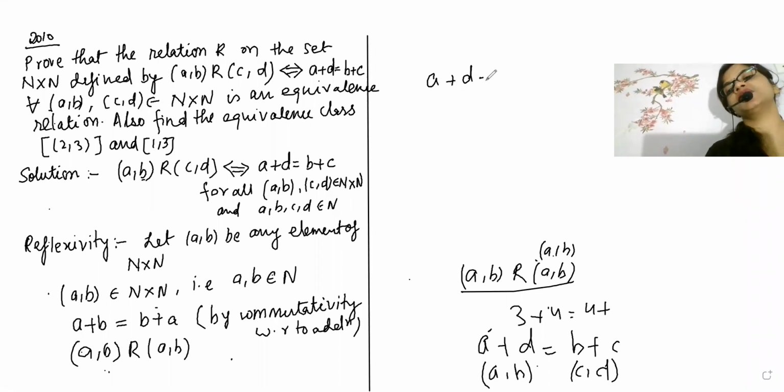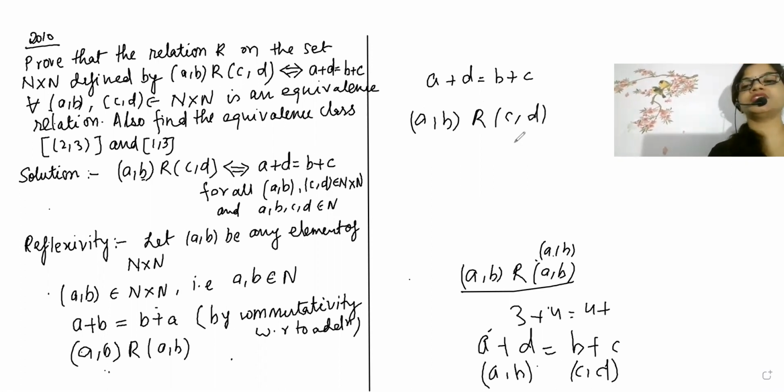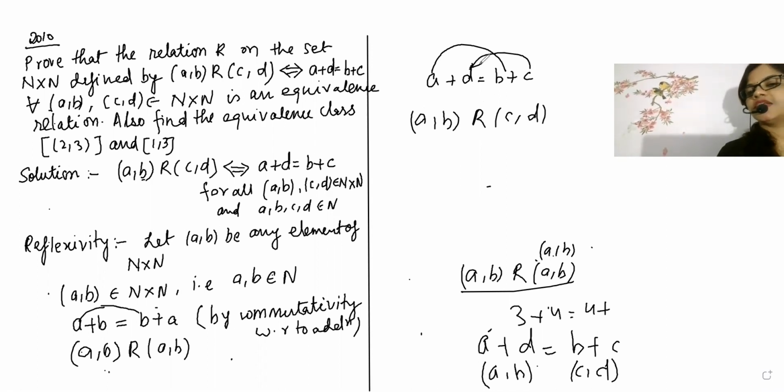A plus D is equal to B plus C. That means A comma B is related to C comma D. So here A and B are taken together, and then C plus D is the opposite. That means C and D. So here A plus B, that's why A comma B related to A comma B. Understood? See this pattern, you will be able to understand.